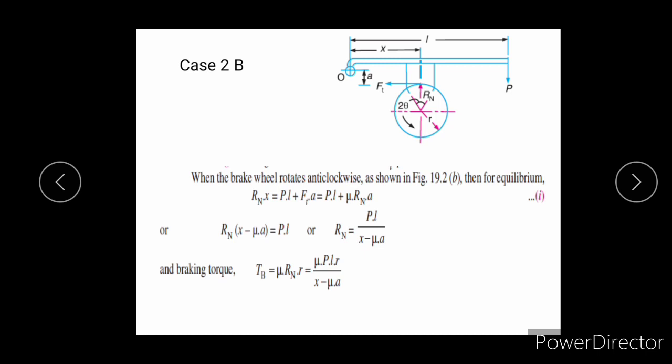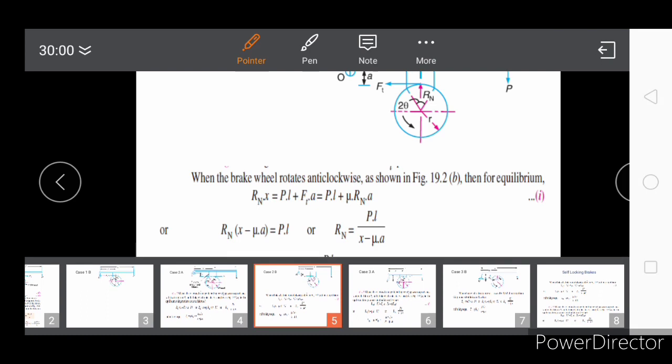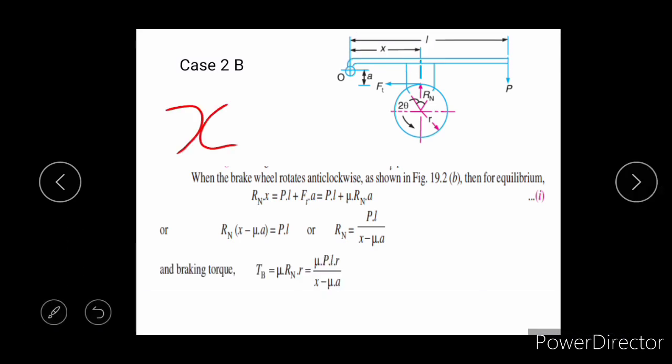It means without applying the effort, the brakes will lock. So for the case x is equal to mu a, if this distance x becomes equal to mu a, then you don't have to apply the effort. Without applying the effort, the brakes will lock. Such type of brakes are known as self-locking brakes, and this is the limiting condition.